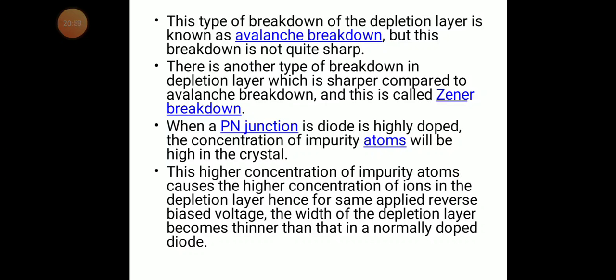This higher concentration of impurity atoms causes a higher concentration of ions in the depletion layer. Hence, for a small applied reverse biased voltage, what happens? The width of the depletion layer becomes thinner than in a normally doped diode.